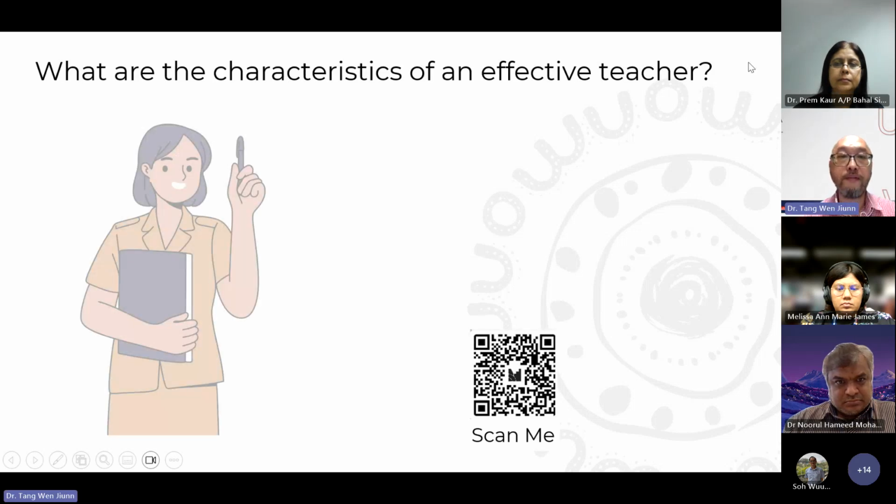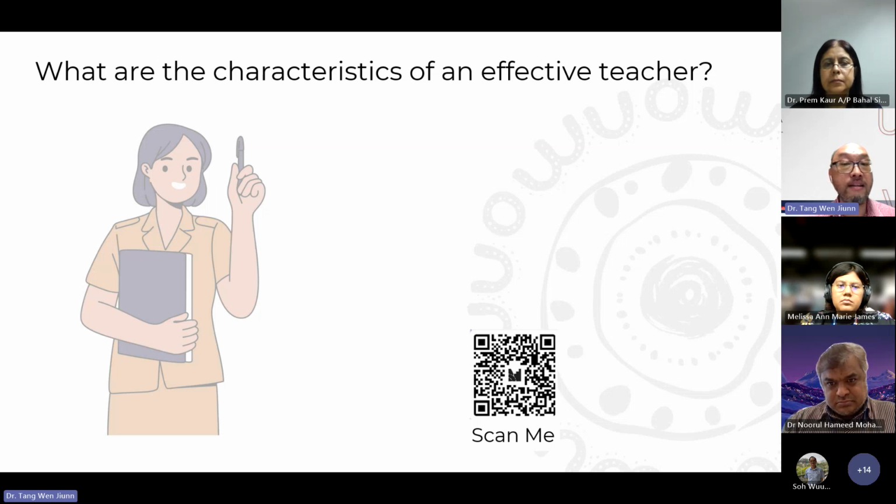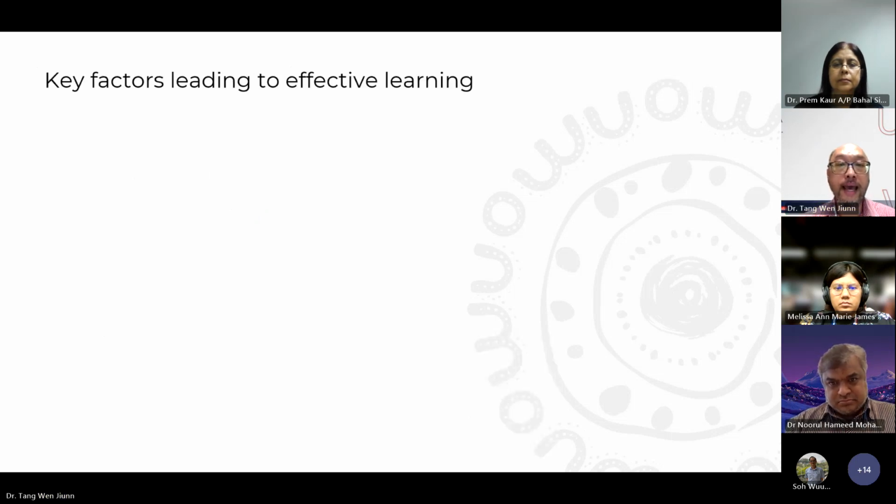Okay, so earlier on we looked at the characteristics of an effective teacher. The feedback that we saw earlier, those are some of the characteristics that we need to have: the communication skills, creativity. And effective teachers will lead to effective learning by the students.